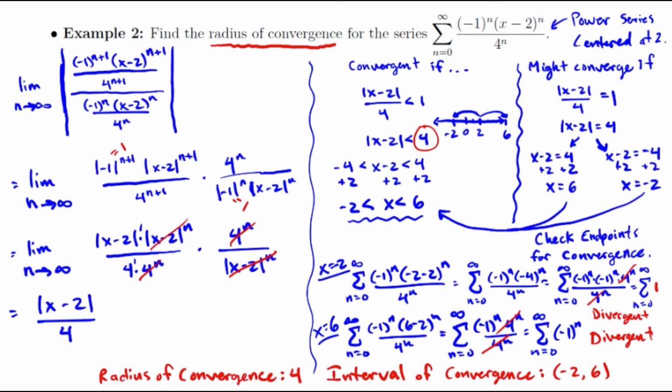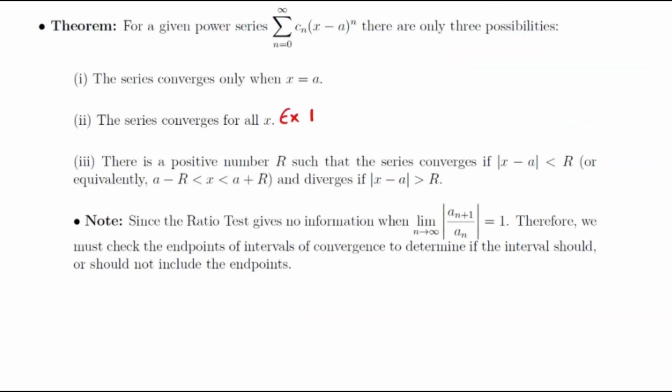So that was what happened in our last one, right? The absolute value here was less than r, so this was the x minus a less than r. All right, and then our little note here is what we did at the end, where it said, since the ratio test gives no information when the limit is 1, we must check the endpoints to determine if the interval should or should not include those endpoints.